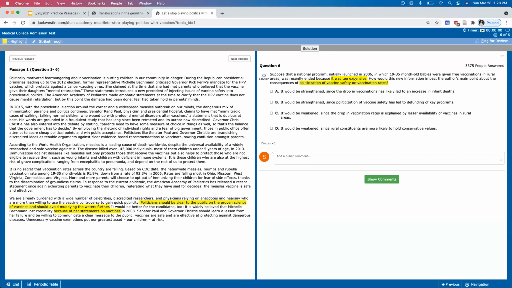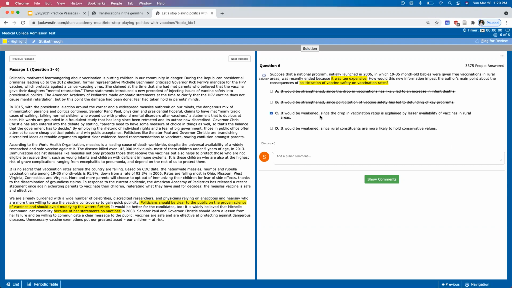Exactly. So if the national program of vaccines ended because it was too expensive, that is going against the politics of vaccine safety. So it's not because of politics that the rates dropped, right? So it's not strengthening it. Oh, so we can delete those.